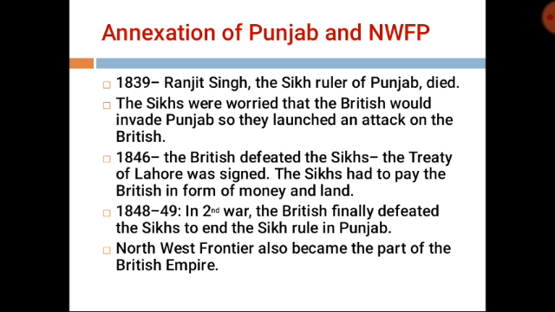So the Sikhs were worried, and they launched an attack on the British. In that war between the Sikh forces and the British forces, the British defeated the Sikhs. It was called the Battle of Aliwal, and it was fought in January 1846.